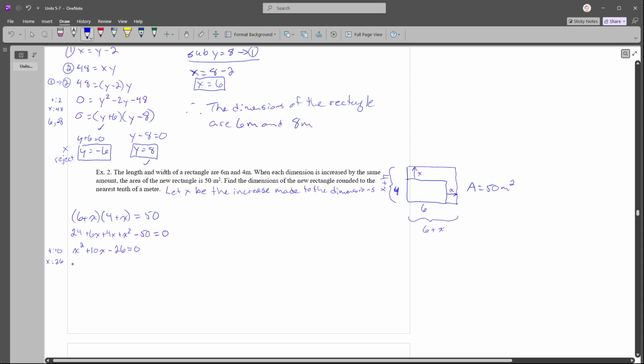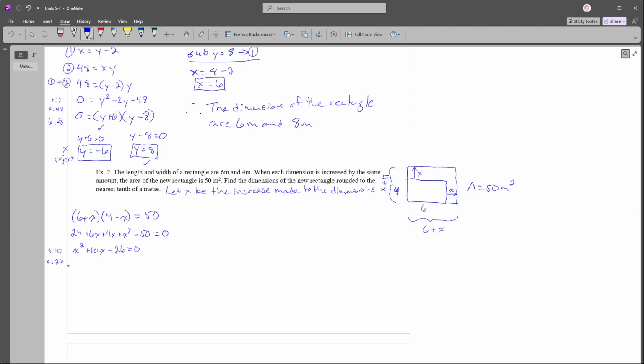So 1 and 26, nope. 2 and 13, nope. 3 doesn't, no, 3 doesn't work. 4, nope. We don't really have a lot of options here. There's nothing that works here. There's no solution. So what this tells me is that it's not factorable. Okay. So that means we need to find another way.